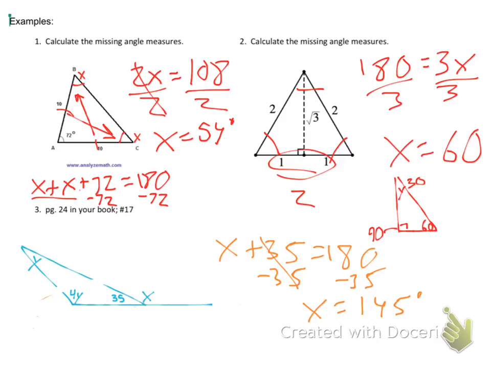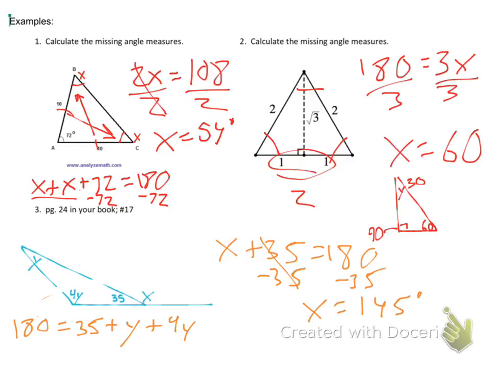Square, rectangle, trapezoid? What does it form? Triangle. Wait a minute. All the angles in a triangle add up to 180. So that means 180 is equal to 35 plus y plus 4y. Would you agree?